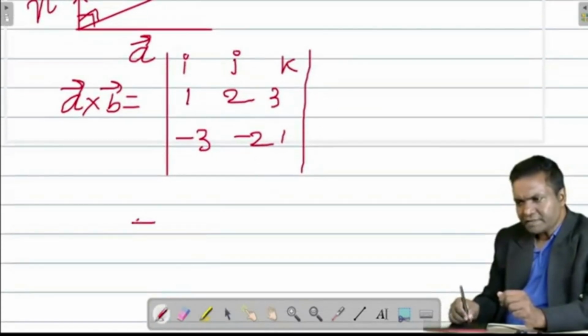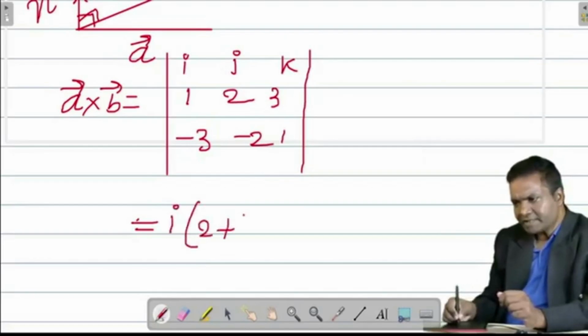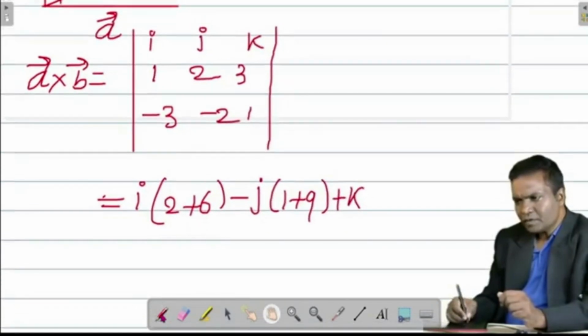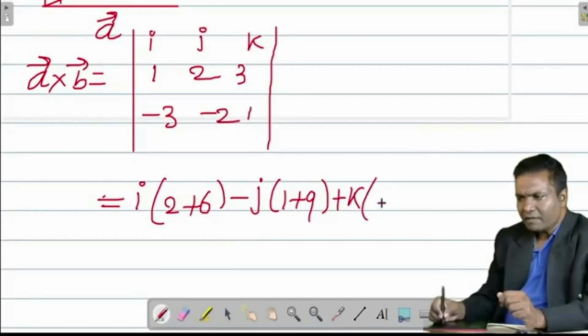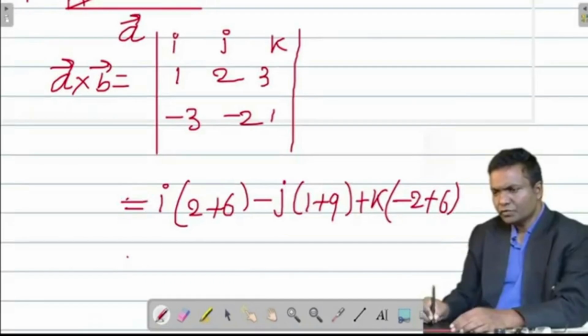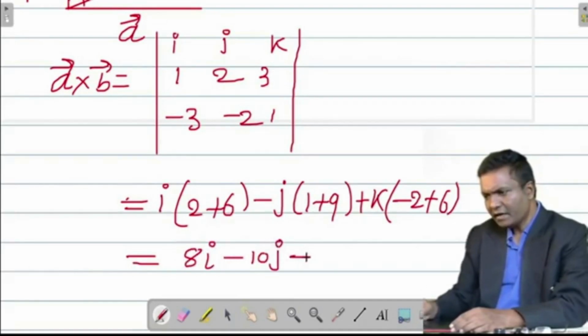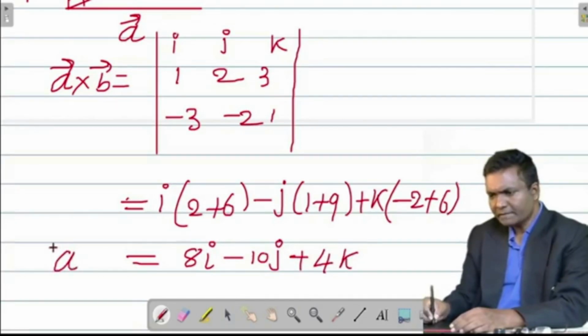So find this: i into 2 plus 6, minus j into 1 plus 9, plus k into minus 2 plus 6. This gives you 8i minus 10j plus 4k. This is your A cross B.